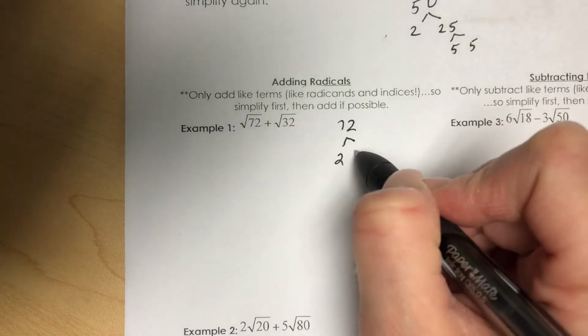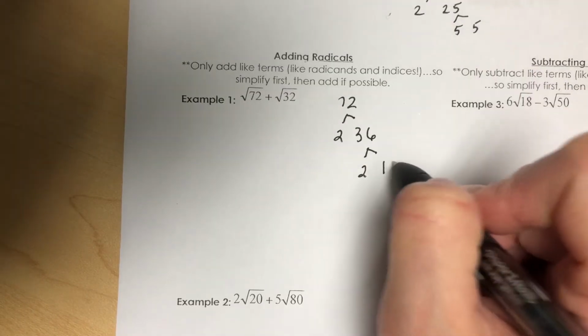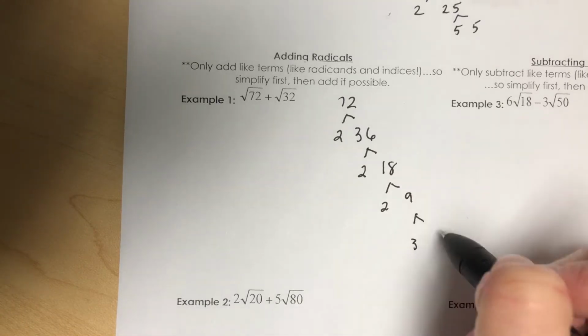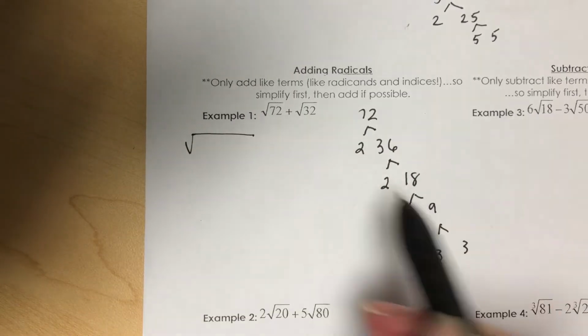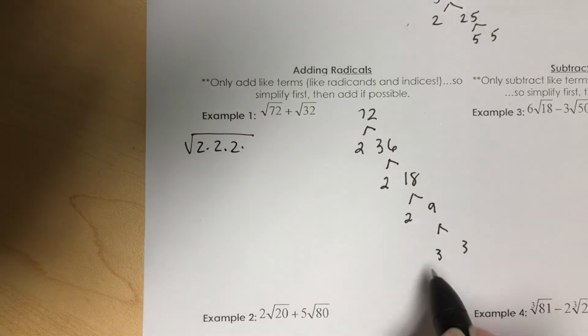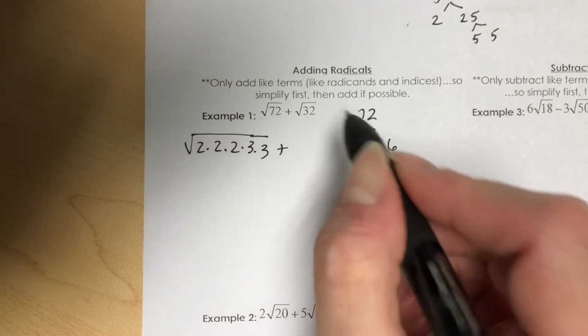2 goes into 72 36 times. And then 36 is 2 times 18. 18 is 2 times 9. 9 is 3 times 3. Okay, so we have the square root of 2 times 2 times 2 times 3 times 3, plus the square root of 32.